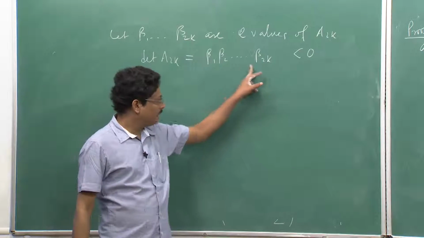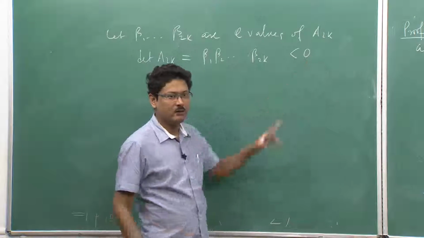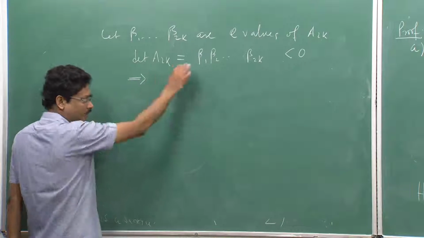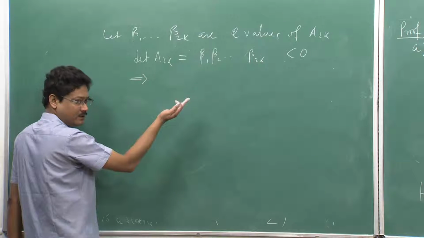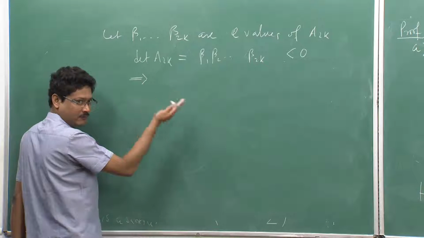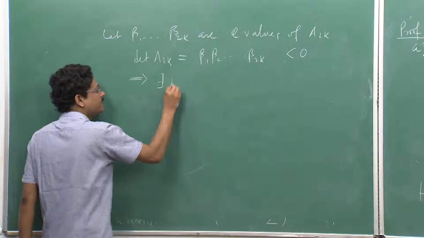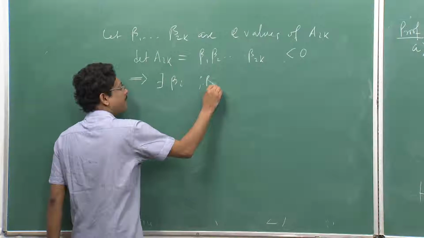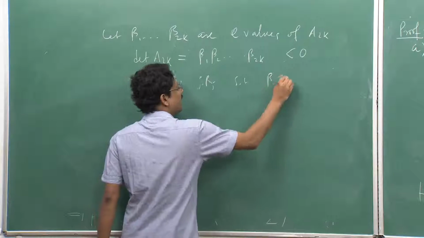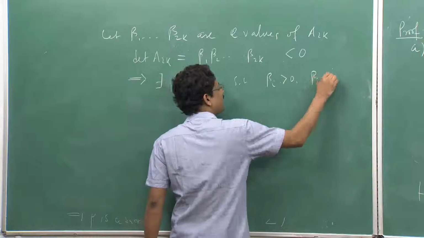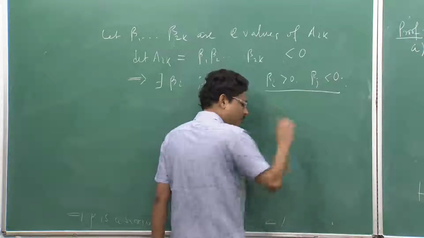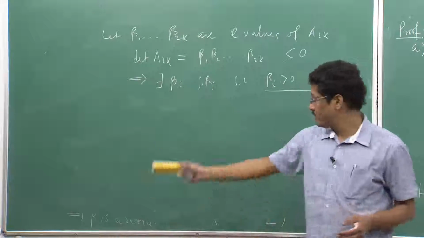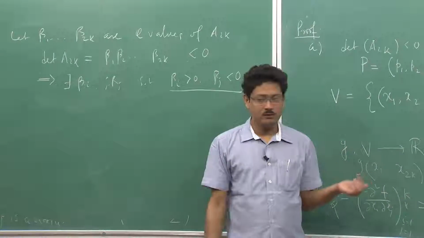Even number of real terms, their product is less than 0. What does it mean? All of them cannot be negative, because then the product will be greater than 0. All of them cannot be positive, as then it will also be positive. So, there exist beta i and beta j such that beta i is positive and beta j is negative. Let me complete it here and continue from this point in the next lecture.